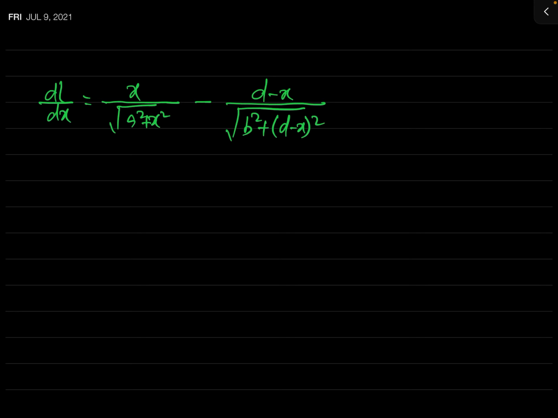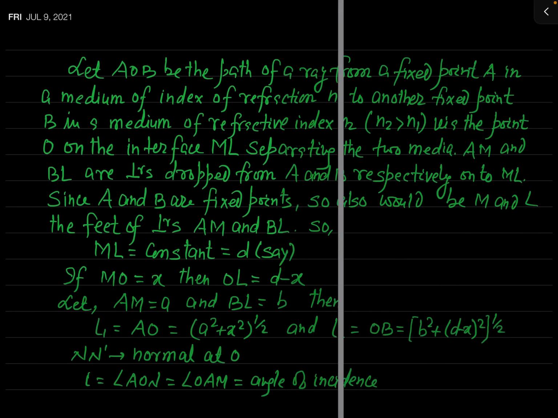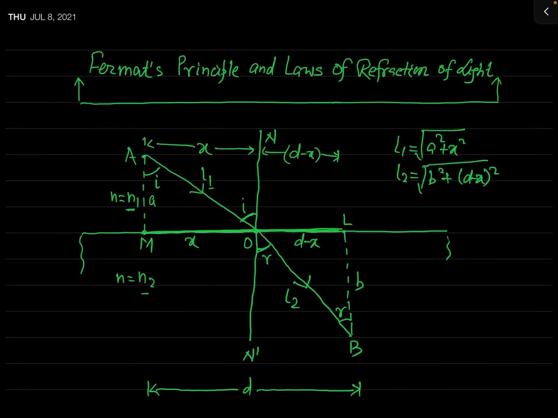Now see the geometry of this figure. As this angle is i, this angle OAM will also be i. Why? Because ON is normal to this interface and AM is also normal to the same interface. So these two normals AM and ON are parallel, and AO is intersecting these two lines.